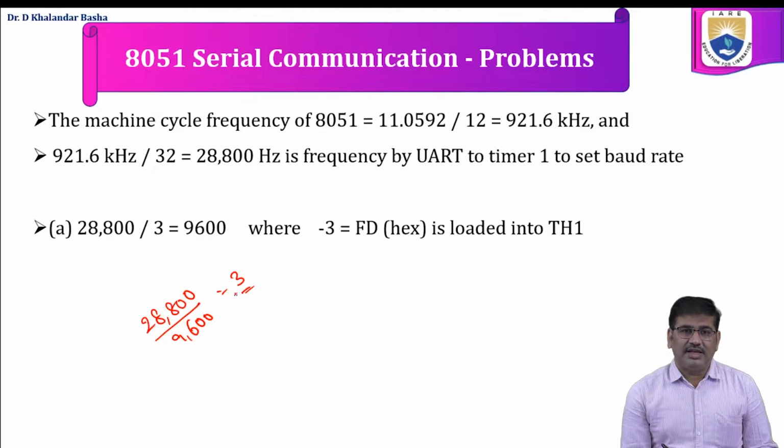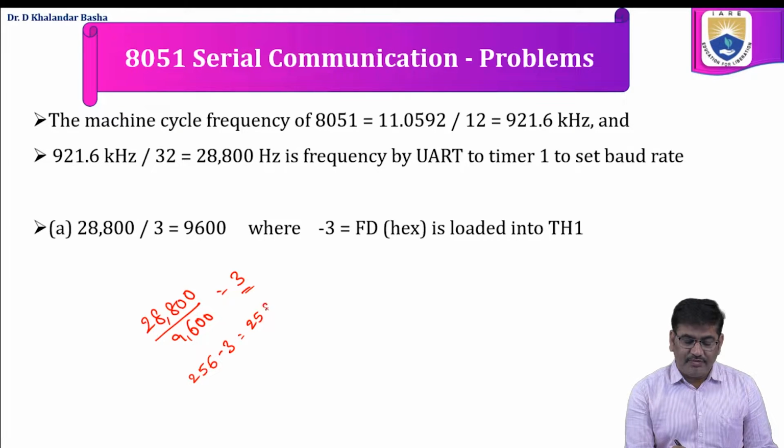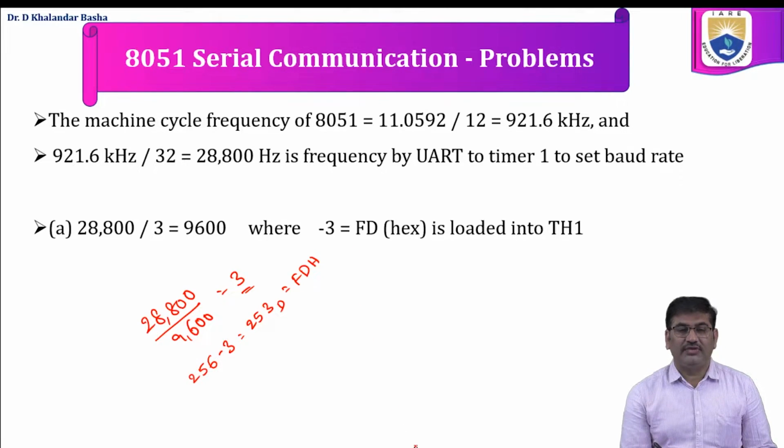For these 3 clock pulses, as it is an 8-bit timer, the maximum count is 256. So 256 minus 3 is 253, which is in decimal. Now we will convert this into hexadecimal, which is equivalent to FDH. This FDH we are going to load into the TH1 register of timer 1, where we are using timer 1 in auto reload mode.